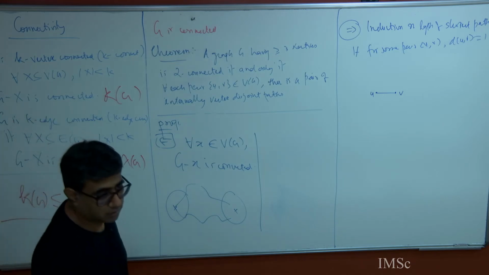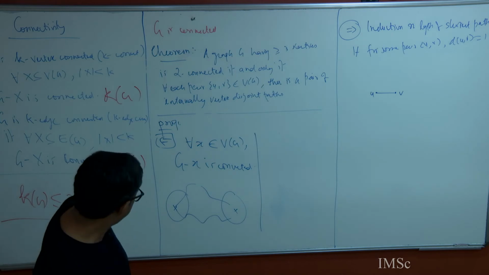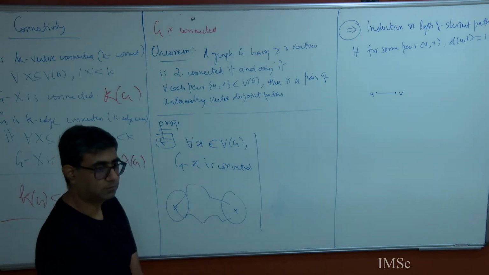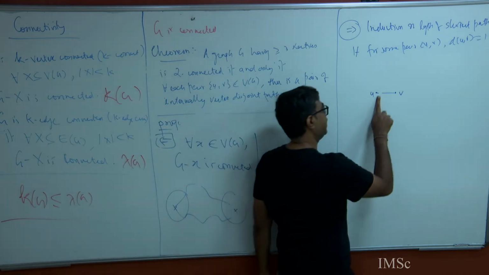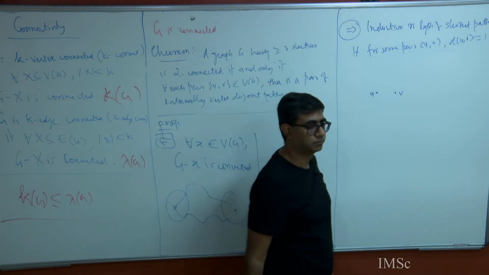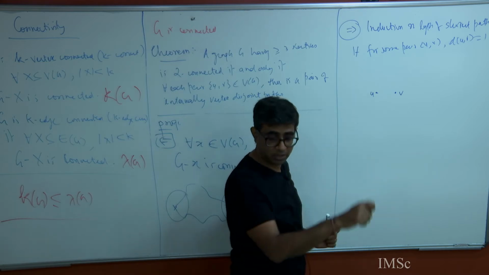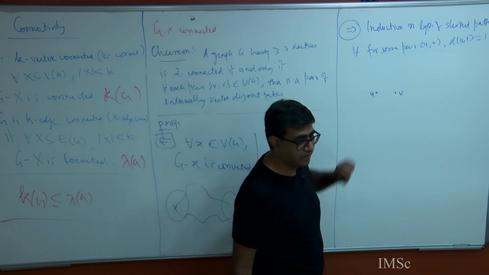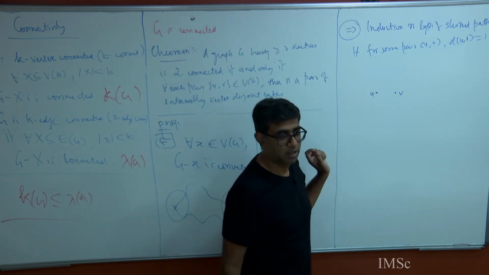Do we have a path? It's 2-connected. So if I delete this edge, look, even if I delete one vertex, there is a path, right? So if I delete an edge, there should still be a path. Why?